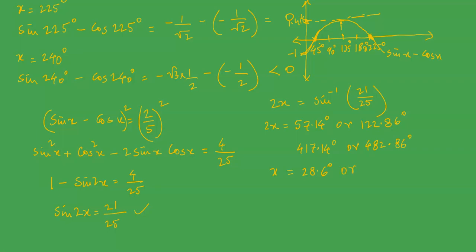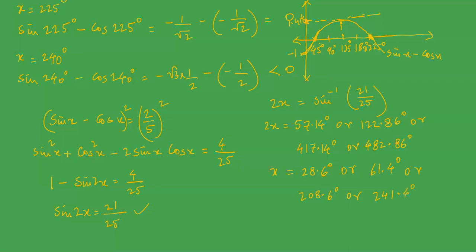If we divide 122.86, we will get 61.4 degrees, or 417.14 degrees divided by 2 will give us 208.6 degrees, or 482.86 divided by 2 will give us 241.4 degrees.